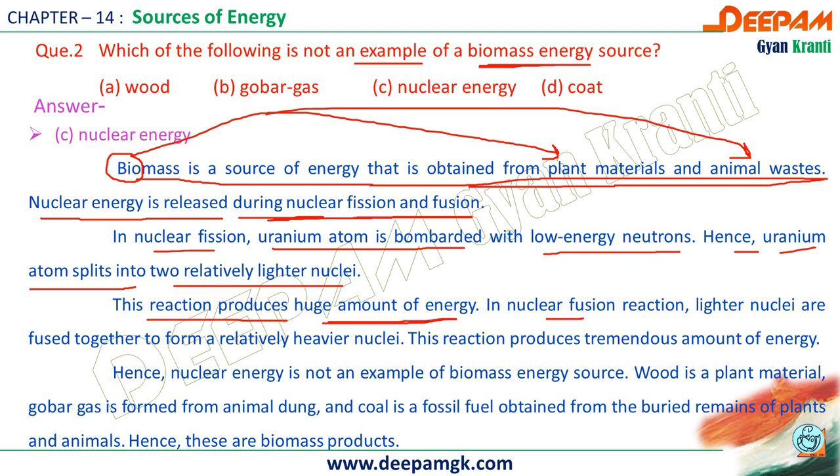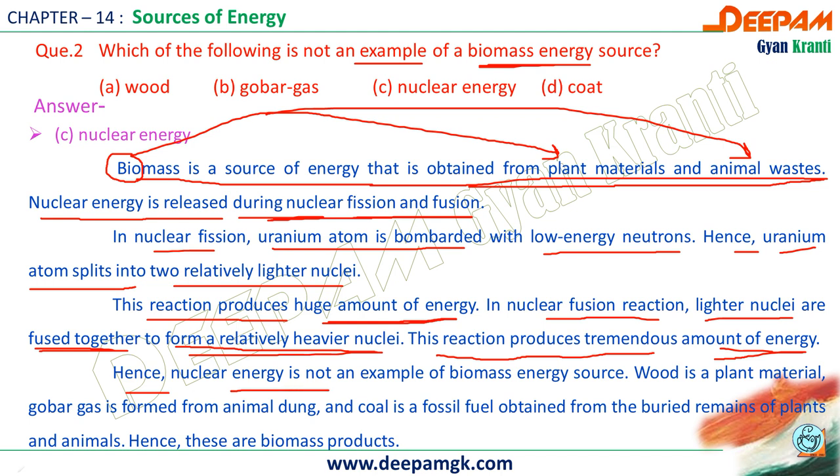In a nuclear fusion reaction, lighter nuclei are fused together to form a relatively heavier nucleus, and that is why the reaction produces a tremendous amount of energy. Hence, nuclear energy is not an example of biomass energy.